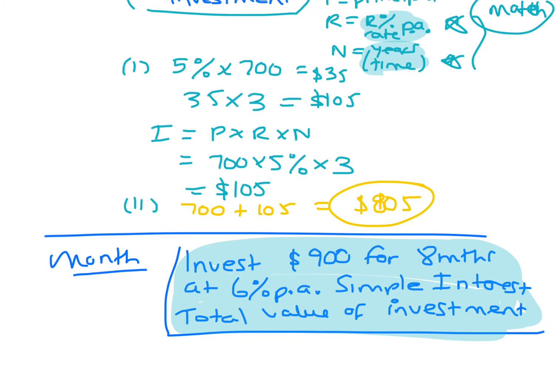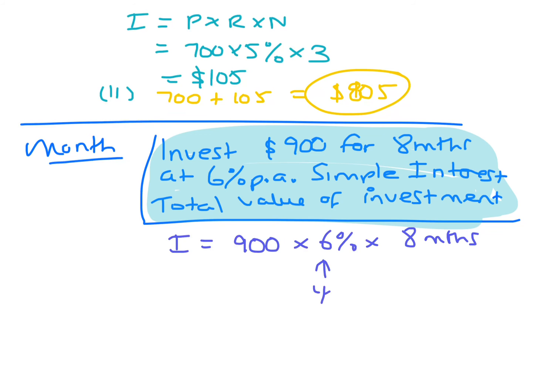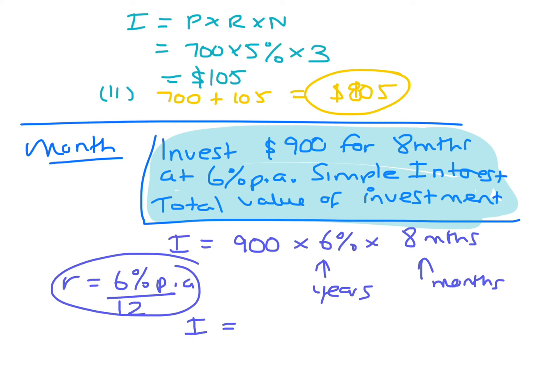Okay, so let's just have a look at this. All right, so getting the interest, we have 900 at 6%. Now that's for 8 months. So there's a little bit of an issue here. This one here is in years, and this one here is in months. We can actually do these in a couple of different ways, but just so this matches the compound interest one, if that's 6% and that's per annum, if you want to make it months, the interest rate per month, you just got to divide it by 12.